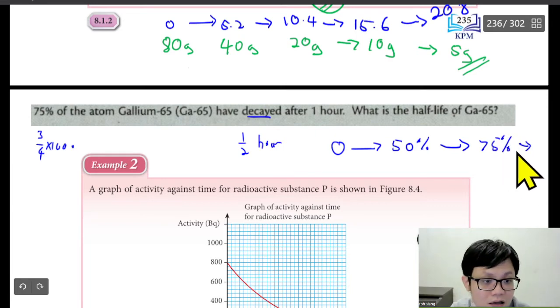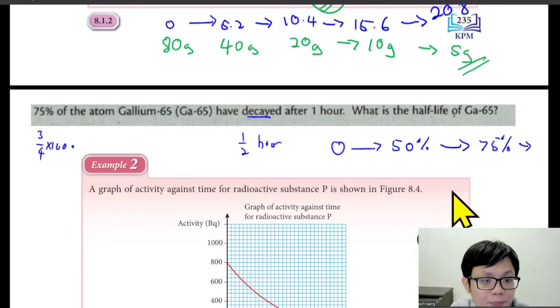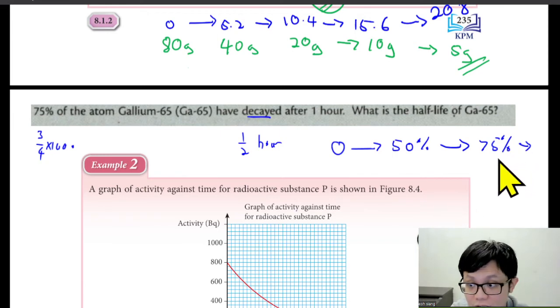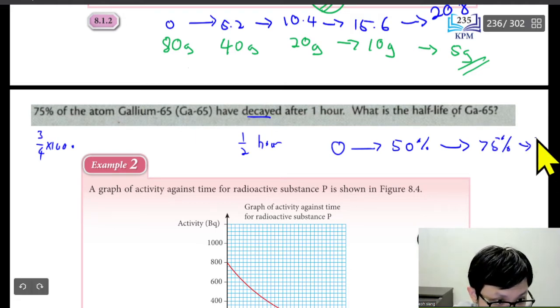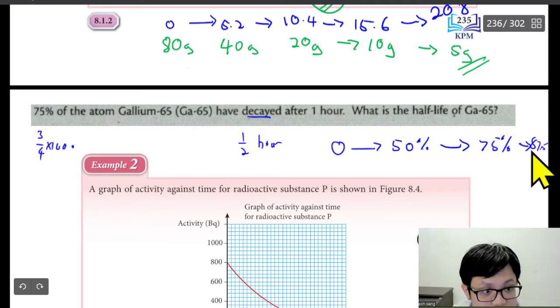Then it will be 1/8, so 7/8 times 100. Let me press my calculator. 7/8 times 100, you will get 87.5%, and so on.